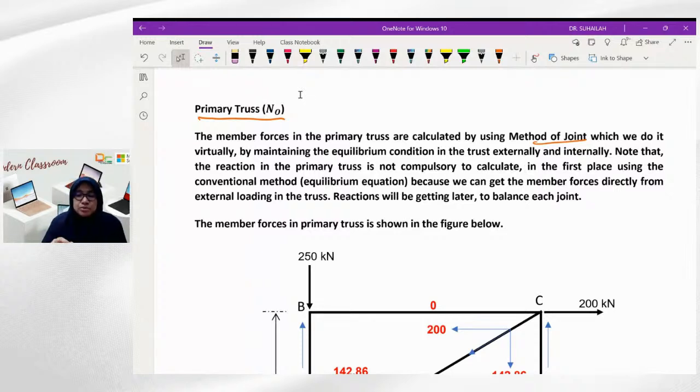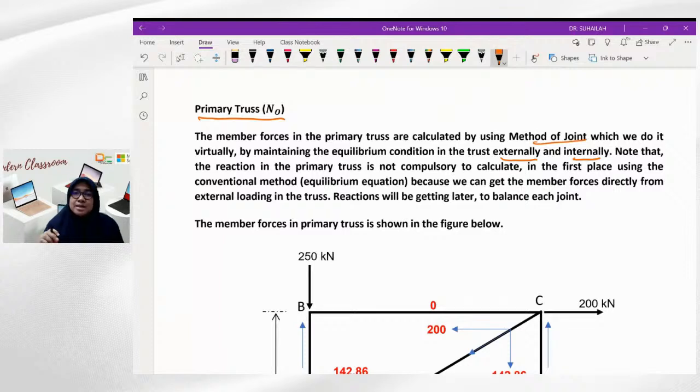Okay, so we do it virtually by maintaining the equilibrium condition. So how to do it? We have to maintain external equilibrium as well as internal equilibrium in the system. External equilibrium means if there are external forces, we have to balance them with the reaction at the support.